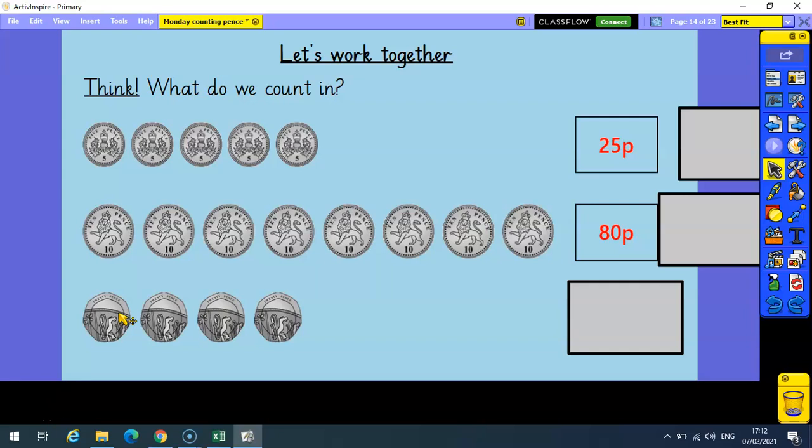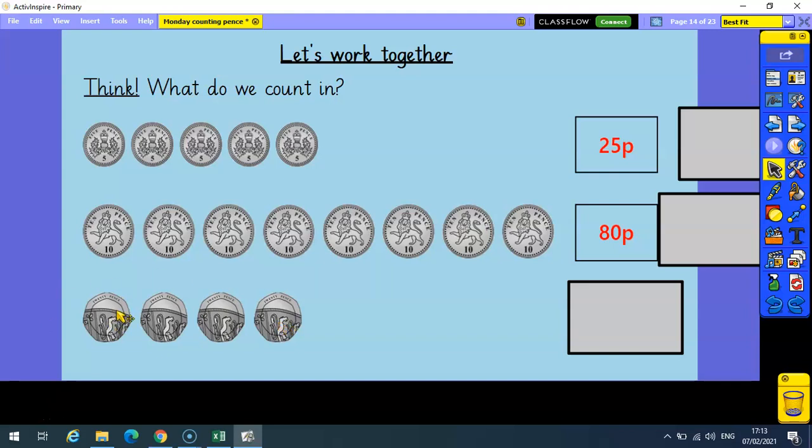That is quite hard. So I've got a little trick for you. It depends if you find 10s or 2s easier. So you could either count 2, 4, 6, 8, but then you know really it's 80 because they were 20s, not 2s.